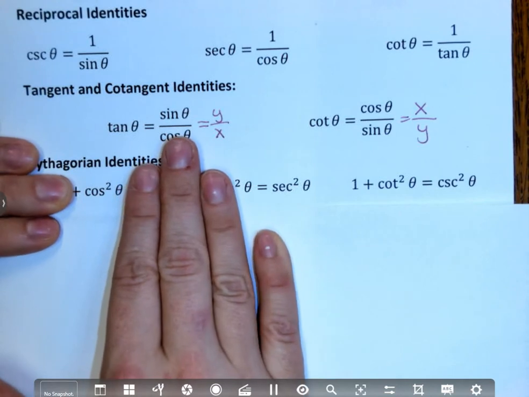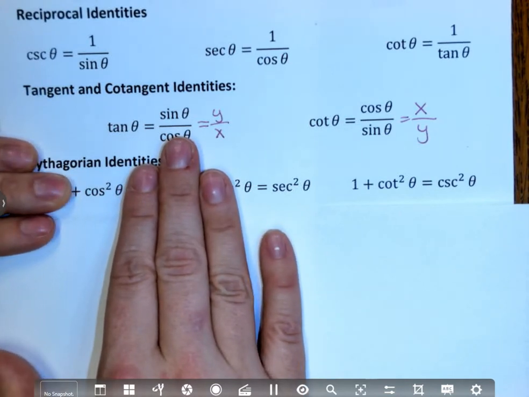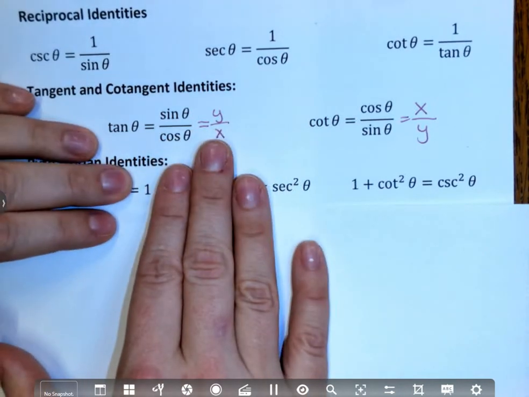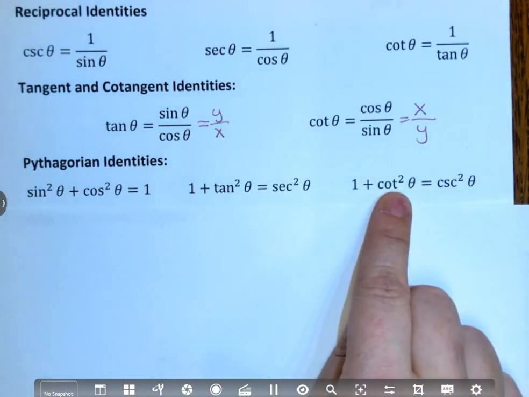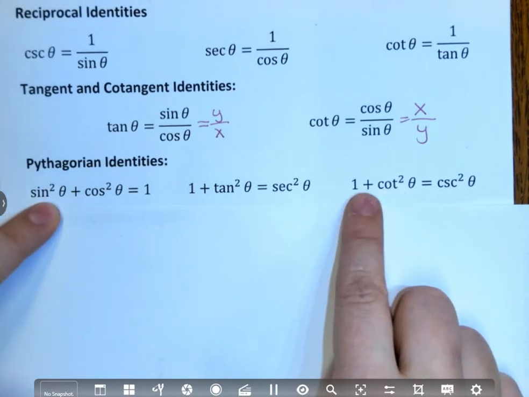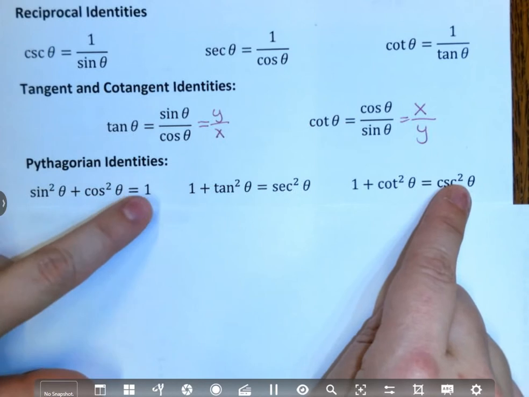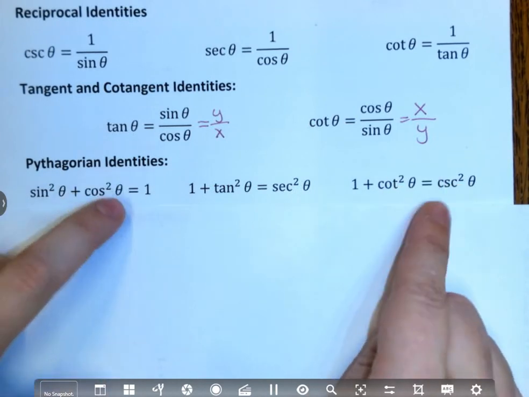What is cosine over sine? Cotangent. And if I were to divide 1 by sine squared, what's 1 over sine? Do you see? Dividing everything through by sine gives me this equation here.